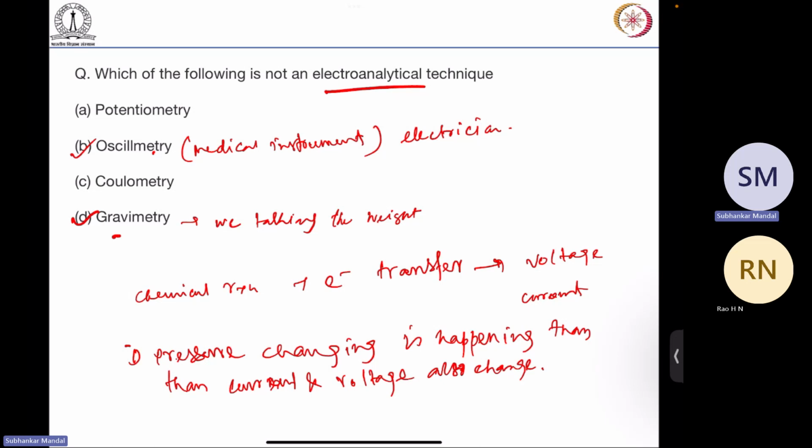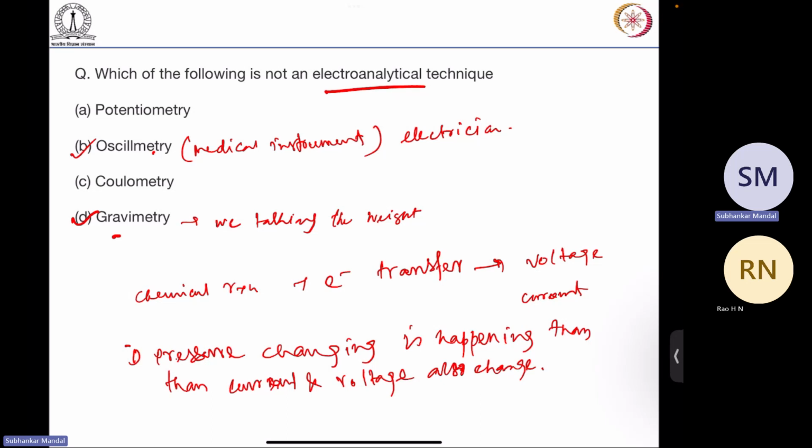If you see a movie or a hospital operation theater, where the patient is dead or alive, the skin shows a sinusoidal wave function. You breathe in and out, the air pressure goes to the instrument, and due to the change in pressure it shows a current or voltage response. That is the key principle of oscillometry.